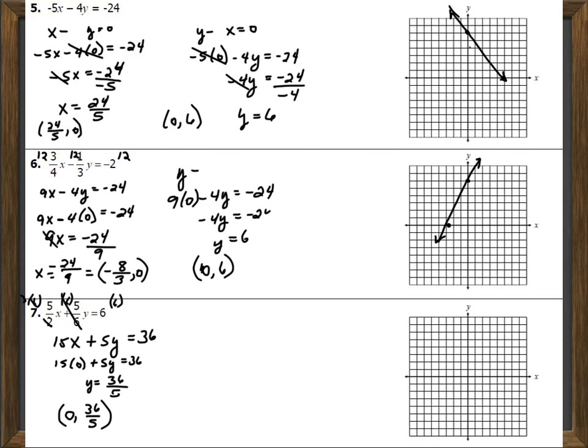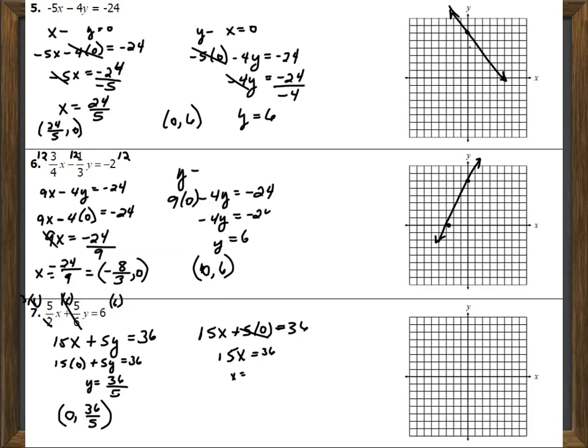Okay. And then I'm going to make the y equals 0, so I have 15x plus 5 times 0 equals 36. So 15x equals 36.